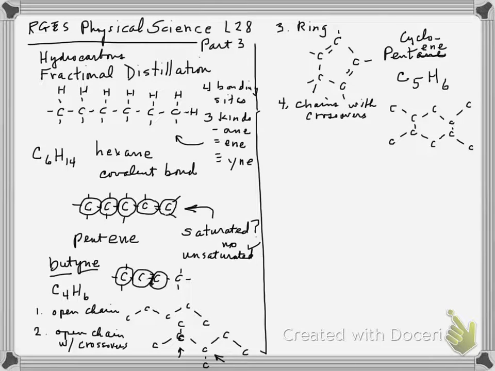These are all big long carbon chains, and so we begin to see, wow, that's why there are 3.4 million different molecules of hydrocarbons. Isn't that amazing? Different molecules.